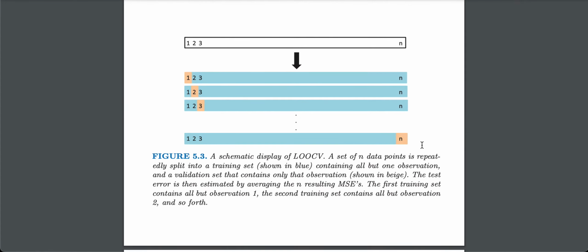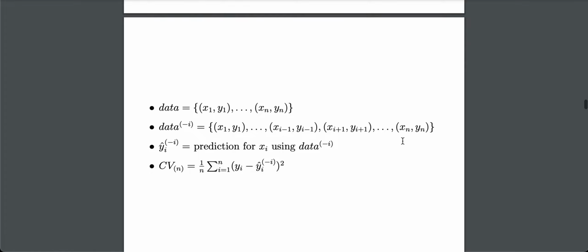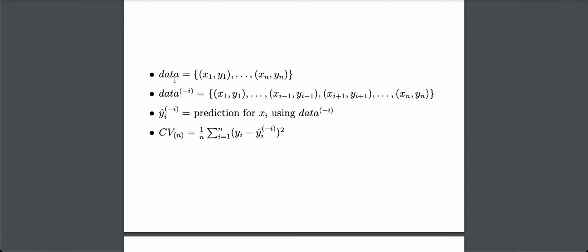Another approach is leave-one-out cross-validation, where we leave one data point out and use the rest of the data to fit the model, and then we test it. We repeat this n times. It's the other extreme. If this is all the data, then this is all the data minus the ith observation.